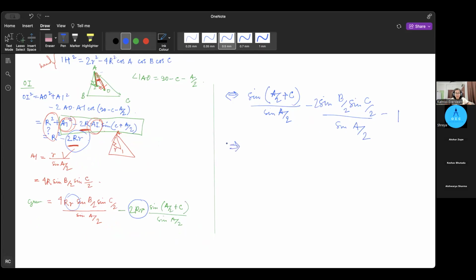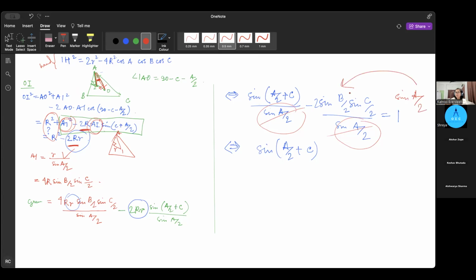And this means we are reduced to showing that sine A by 2 plus C. And now we're going to do something clever. So we'll take the A by 2 and multiply it out here. So we will take this A by 2, cancel them, and multiply it out here, sine A by 2.